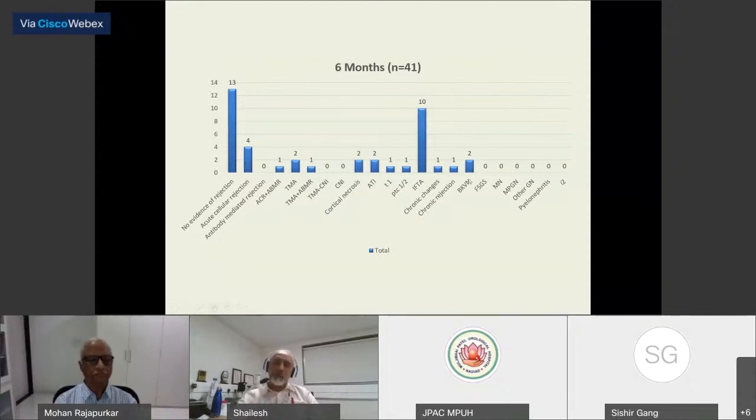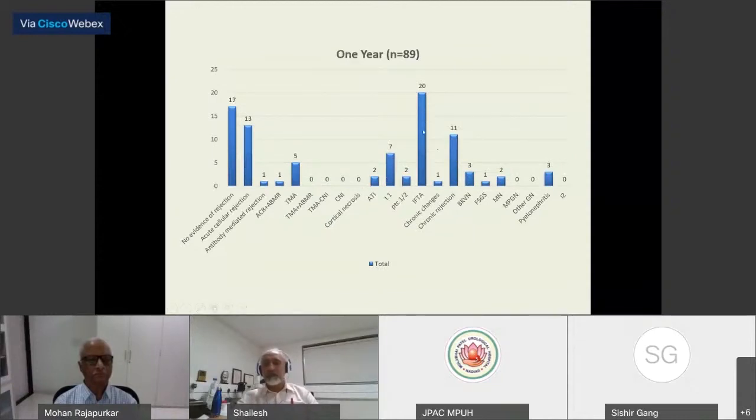In a couple of cases we see BK polyoma nephropathy, and a couple of cases of TMA or acute rejection were also present, but predominant were the chronic changes apparent from 6 months onward. And at 1 year, again, the most common feature was IFTA, followed by chronic rejection process in the graft.